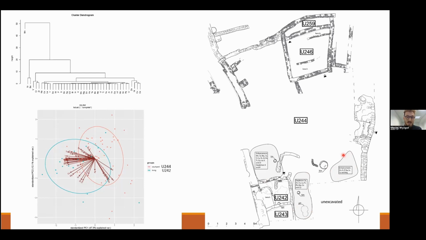So the first is a bit puzzling, especially because of depleted values of phosphorus, the most general indicator of human-related activities, as well as potassium. The enrichments in metallic elements may suggest some craft related to mineral processing.